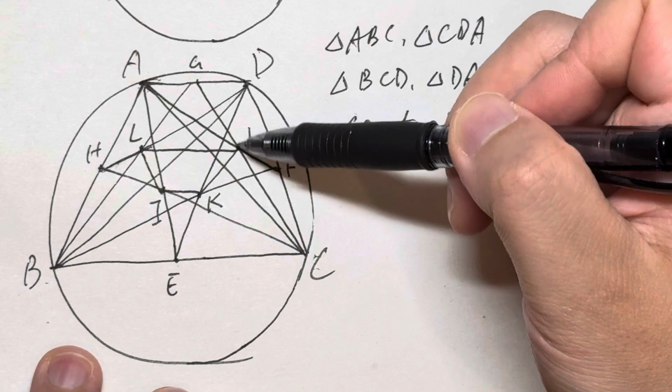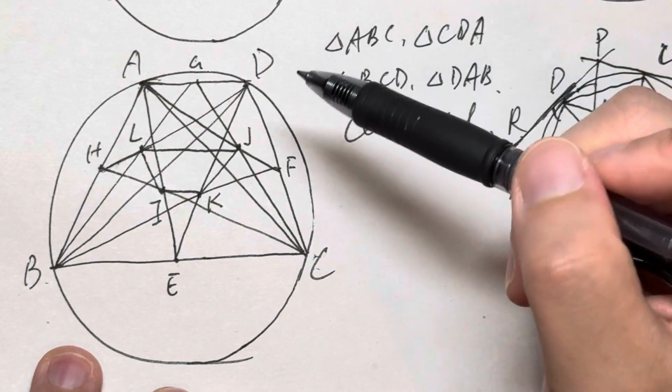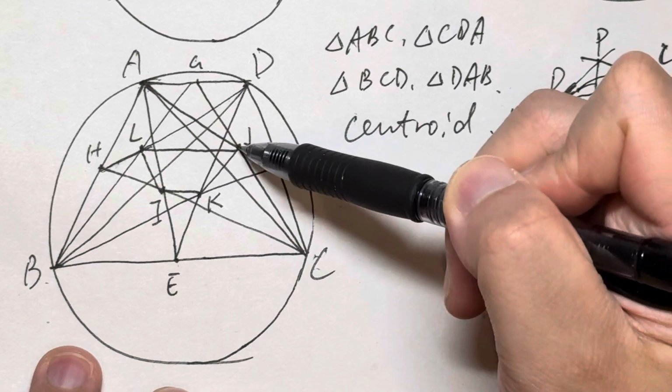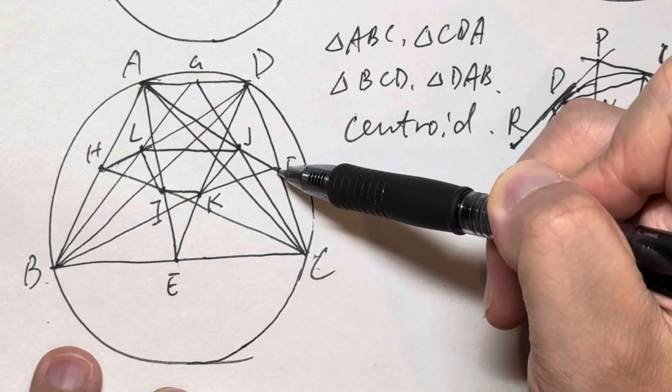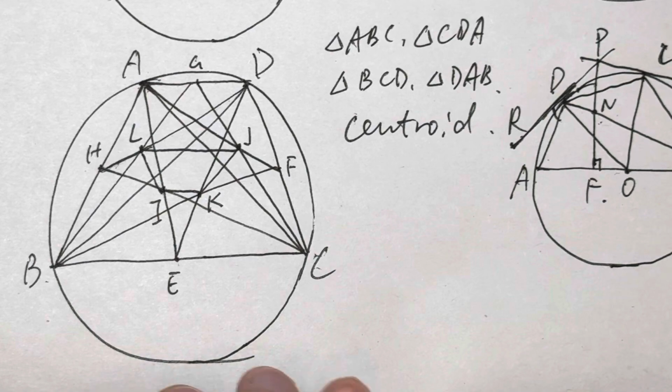CJ to JG equals 2 to 1. And AJ to JF equals 2 to 1. So based on all of these ratios, we should get some useful information here. Let's think about that.